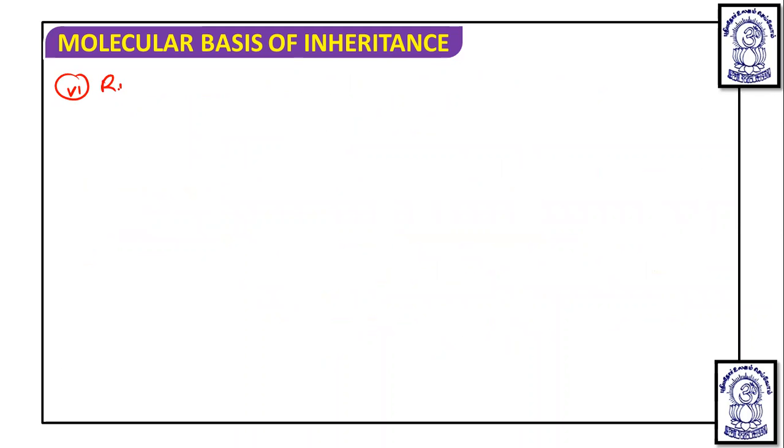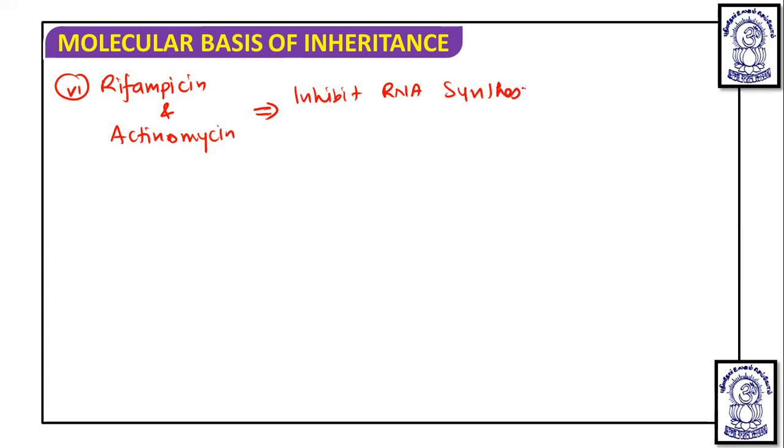And the next antibiotics are rifampicin and actinomycin. They inhibit RNA synthesis by inhibiting RNA polymerase.